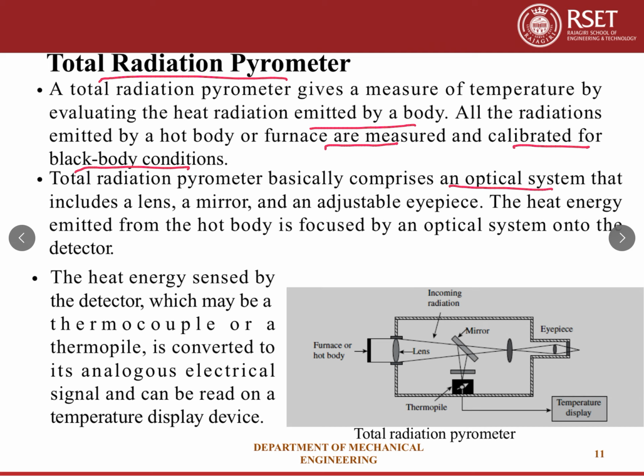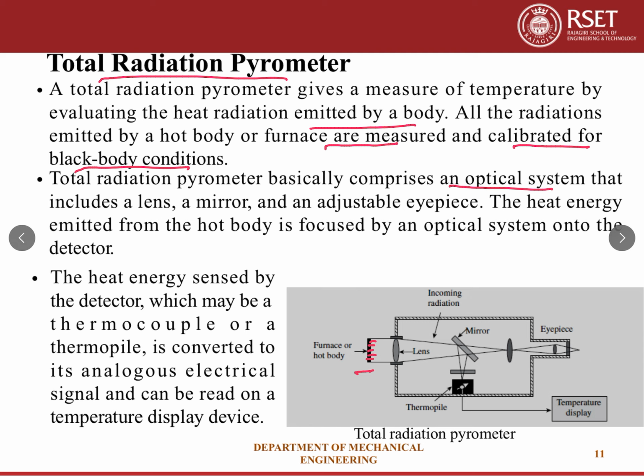So here we can see the system. Here we have the furnace or body whose temperature is to be measured. It emits radiation, as its temperature is above absolute zero. First we align our instrument with this body, and this radiation is focused by the lens onto a mirror, and this mirror directs the radiation to a temperature detector, that is a thermopile or a thermocouple, which will give a corresponding electrical output based on the temperature.